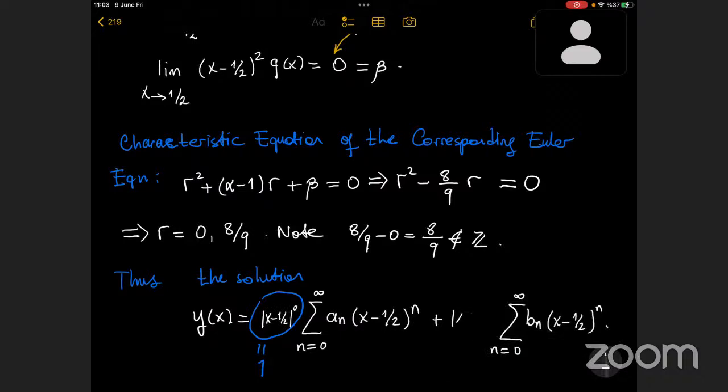And this is (x minus 1 over 2) to the 8 over 9. Tabii böyle olmuş. Teşekkürler. Düzeltme için. Peki, question, comment?